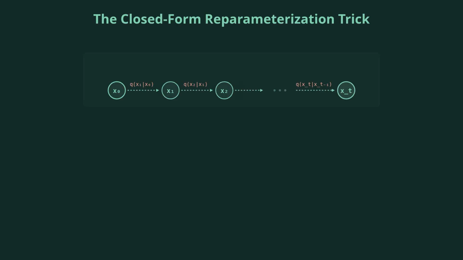Now, calculating this forward chain step by step for 1,000 iterations during model training would be computationally disastrous. Fortunately, we can bypass the entire intermediate sequence using a brilliant mathematical shortcut known as the reparameterization trick.